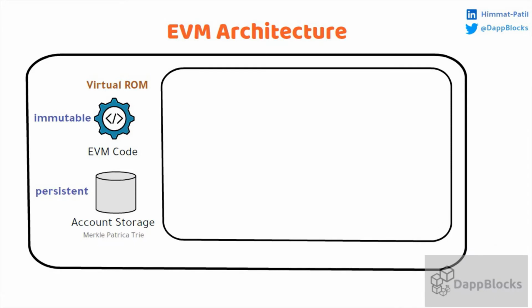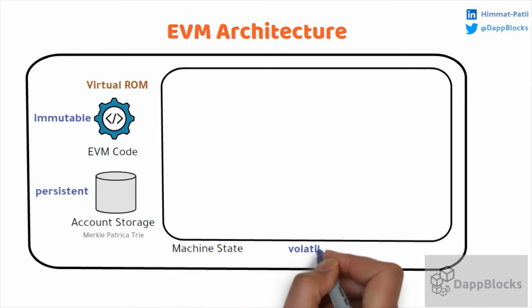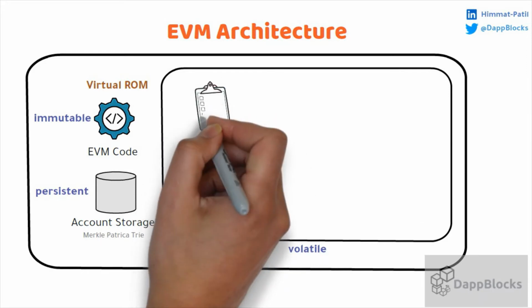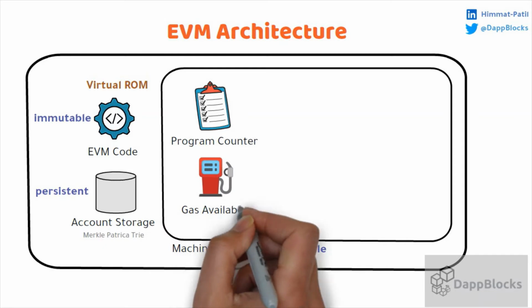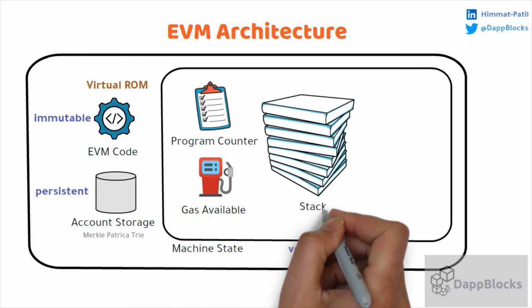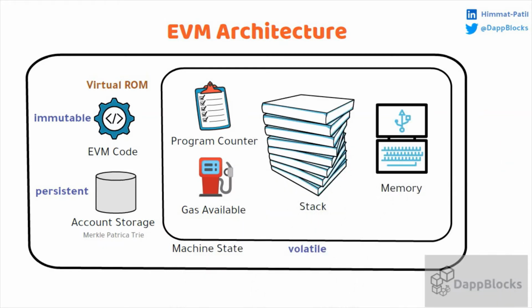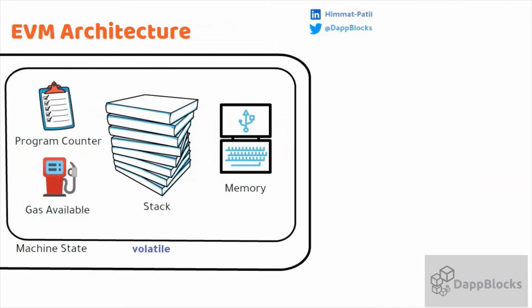You can find that link in the description below. EVM has machine state. It is volatile in nature. Machine state contains one program counter, second gas, third stack memory, fourth memory or volatile memory. We will discuss each of these components in detail.